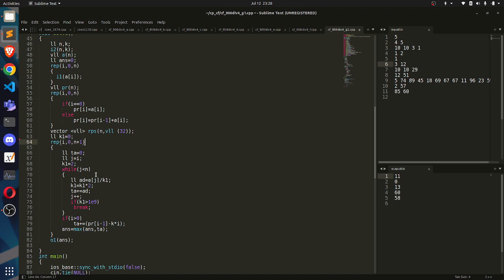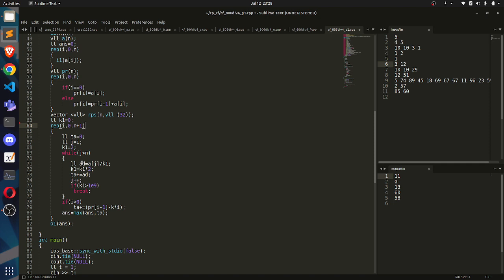I'm making j equal to i. For the positions after which good keys will not be used, their value will start becoming divided by 2. Initially k is 2, and I'm dividing the value by k, and multiplying k by 2.